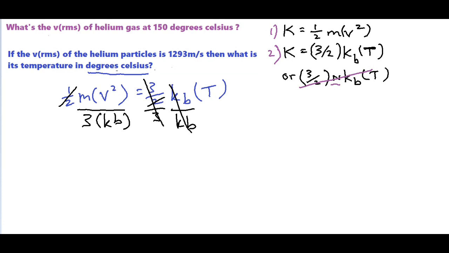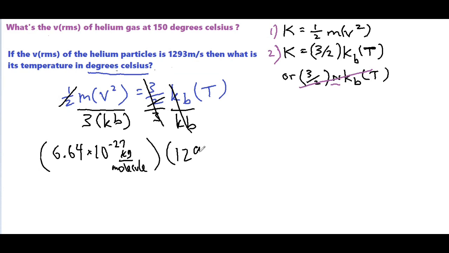We want our mass, and we did do the conversions for the mass already in the previous problem. So I'm going to steal that number of 6.64 times 10 to the negative 27th. And remember, that was the kilograms per molecule. And then multiplied by that root mean square velocity, 1293, squared.